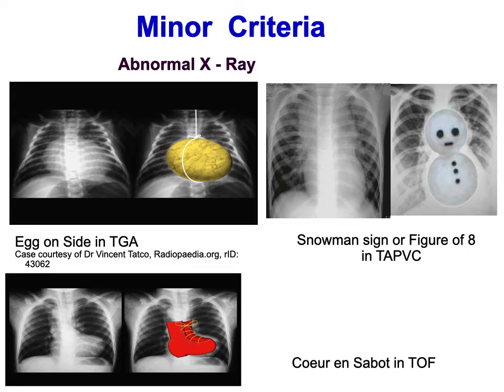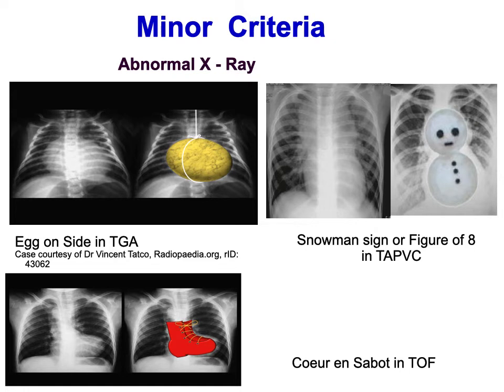Next one is the Snowman sign or figure of 8 sign. That is a classical cardiac sign of total anomalous pulmonary venous connection, where there is a kink in the middle. Now, the most talked about congenital heart disease in the cyanotic group is tetralogy of Fallot, where due to right ventricular hypertrophy, it is called upturned boot or coeur en sabot.